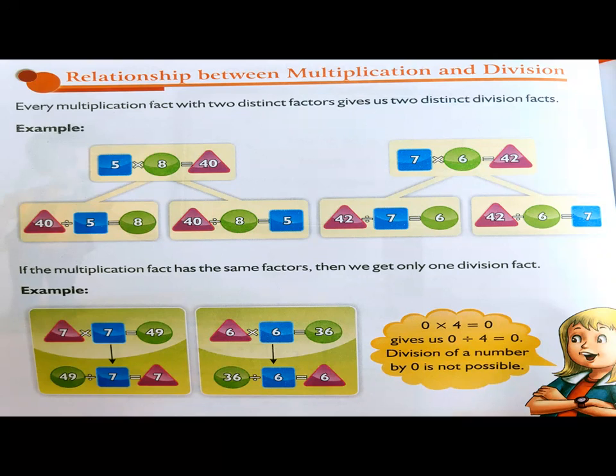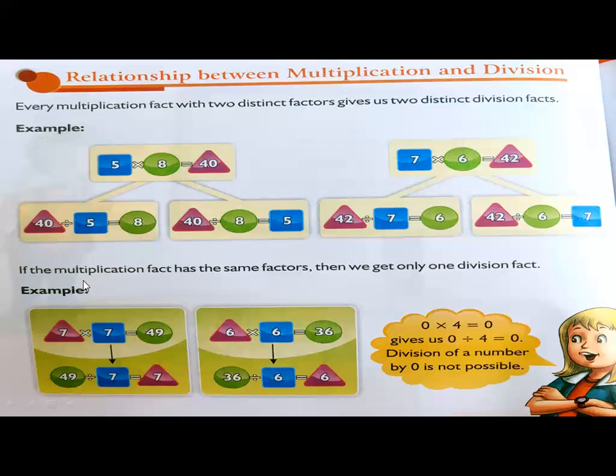You can write the multiplication fact and use it to find two division facts. So 5 8s are 40 can be written as 40 divided by 5 is equal to 8, and 40 divided by 8 gives 5. So using one multiplication fact, you can write two division facts.